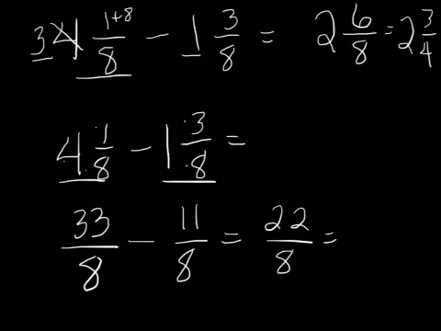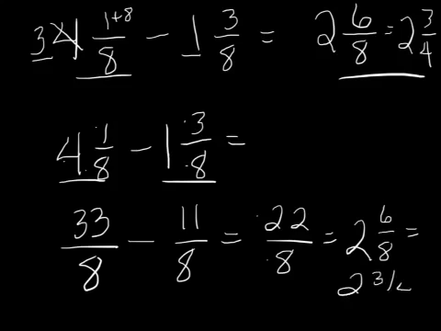So now I've got an improper fraction that I need to turn back into a mixed number. 8 goes into 22, 2 whole times, that would give me 16, and I have 6/8 left over. You should see that this is turning out to be the same as what we got the first time, which is a good sign. Reduces to 2 and 3/4.